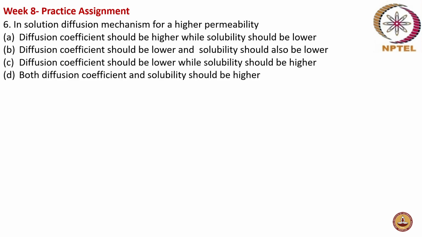Which of these is right when you should have a higher permeability? Okay, diffusion coefficient is something that says about the diffusion of a material through another material. Similarly solubility is a parameter that determines the solubility level of a material A in material B. So which of these should be higher to have a higher permeability in case of solution diffusion?